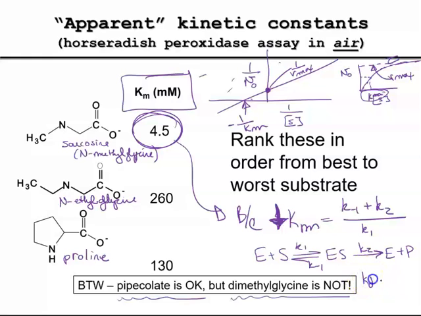KD is the first order rate constant for the decay of the ES complex. So in this case, KD is K minus 1. So KD is in there. Alrighty. At any rate, let's go on.